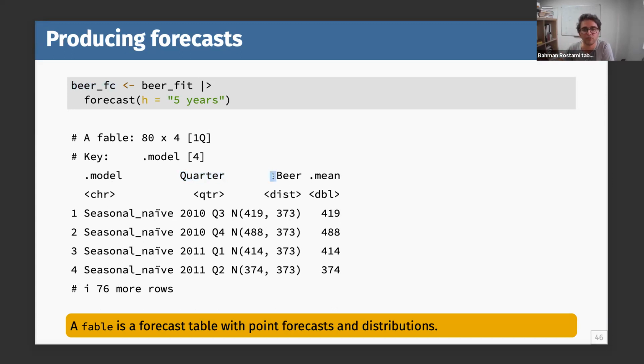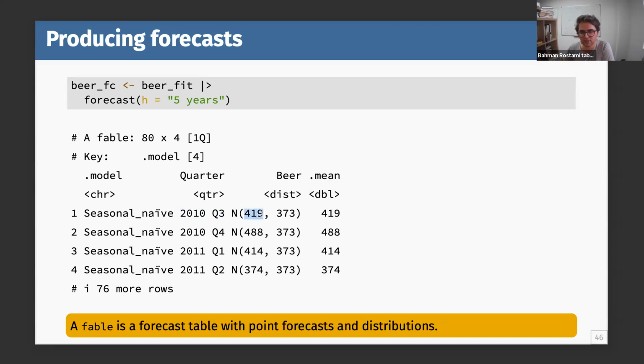Now we have two new columns here. One is the name of the response variable, and here we see basically the distribution. So for each method and each period, I get a distribution. And then I also get what we call here the mean, which means the point forecast.